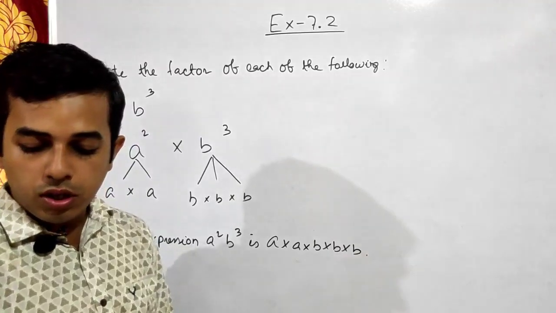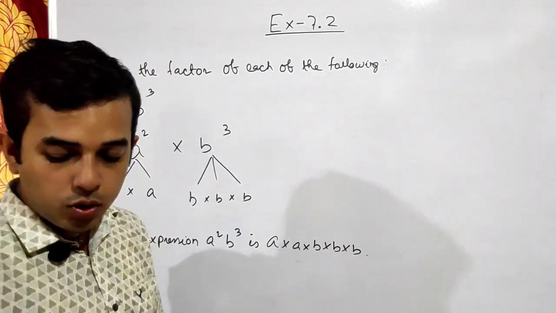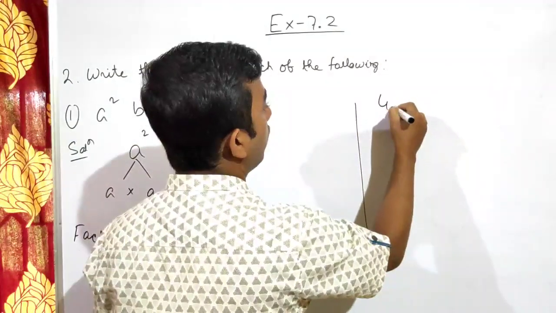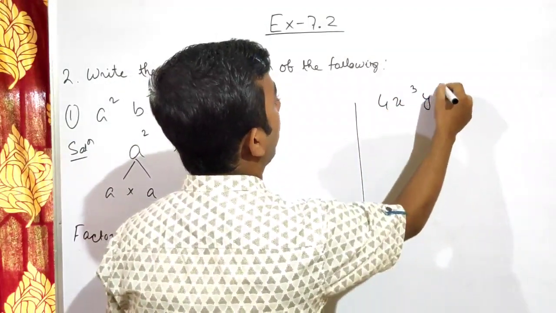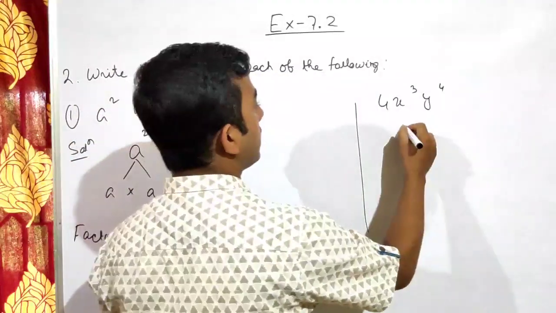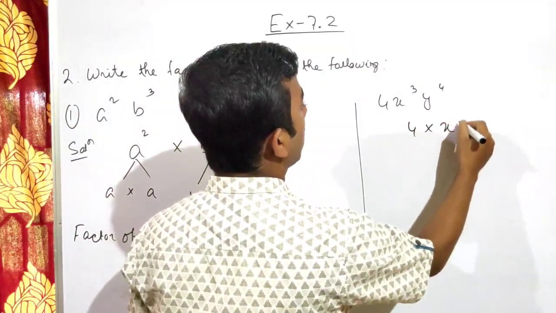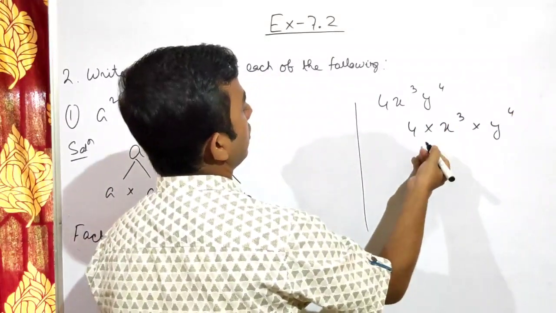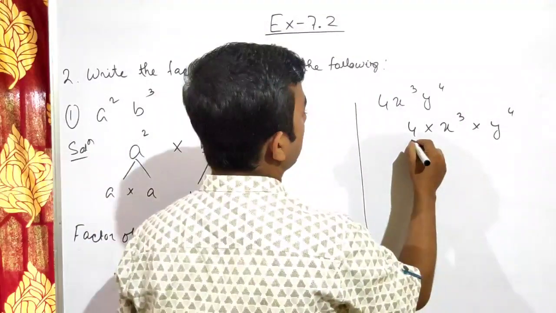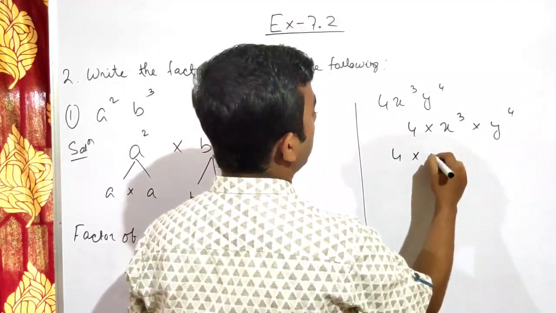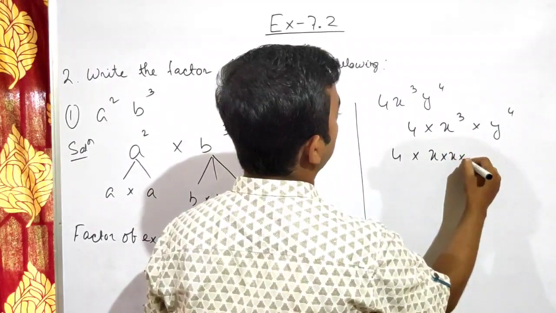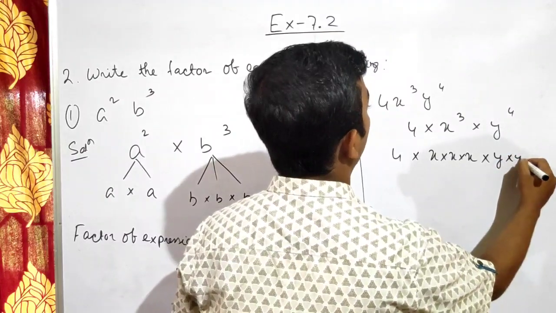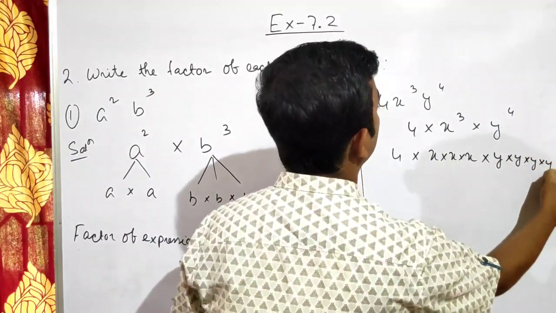Let's take one more. Number 2, 4x cube y to the power 4. Split it. Here it can be written like this, isn't it? 4 into x cube into y to the power 4. It can be written as 4 into x into x into x, then y to the power 4 can be written as y into y into y into y, isn't it?